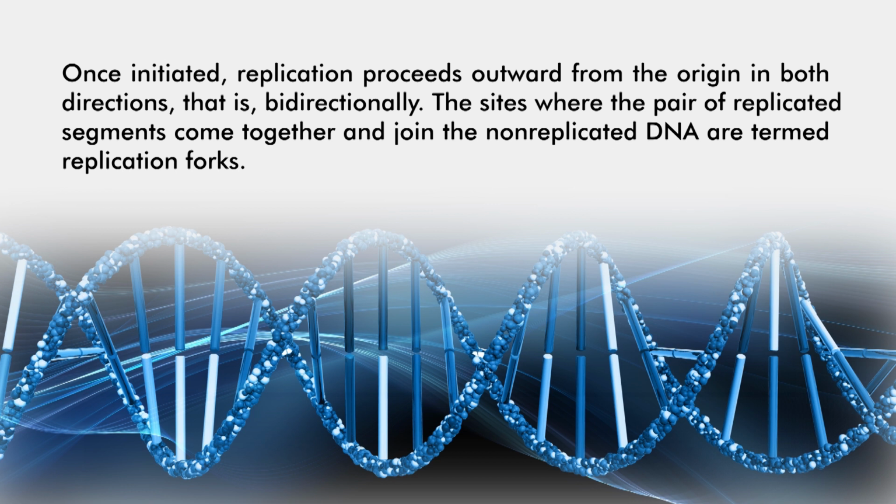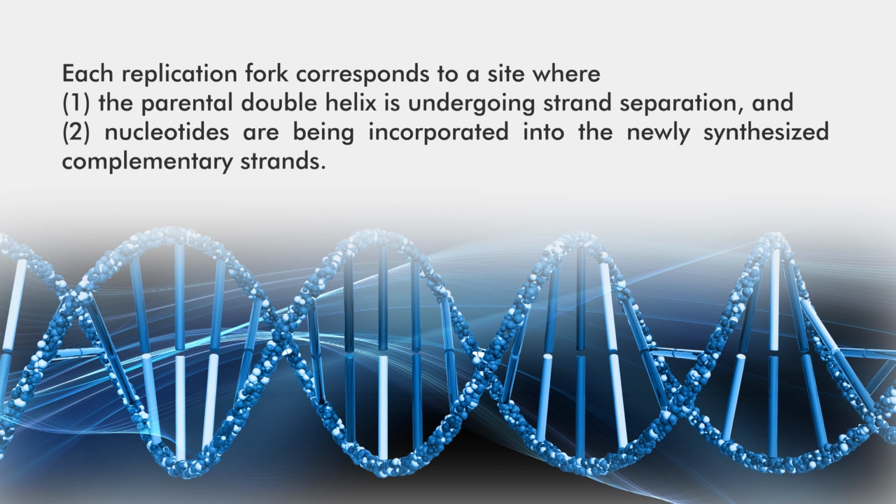The sites where the pair of replicated segments come together and join the non-replicated DNA are termed replication forks. Each replication fork corresponds to a site where the parental double helix is undergoing strand separation and, second, nucleotides are being incorporated into the newly synthesized complementary strands.